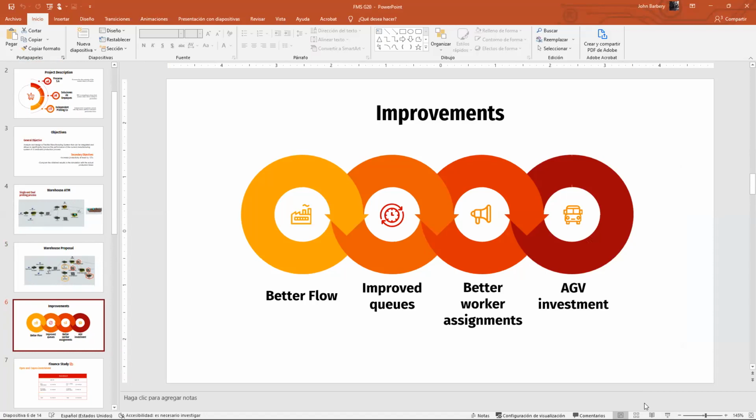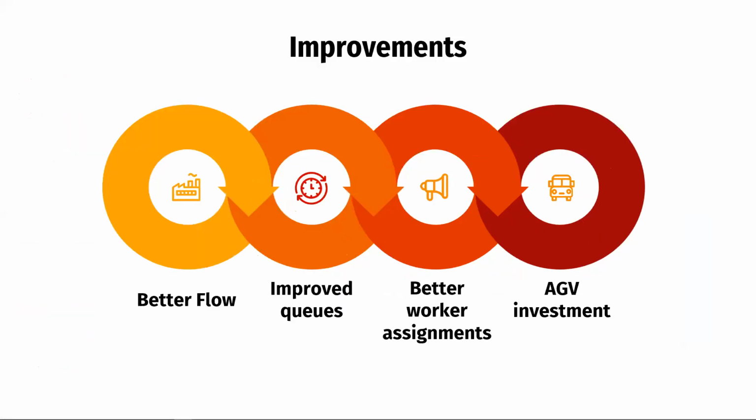Yes, actually, that's the part that I was talking about. We can see that with this proposal, we have a better flow inside the warehouse. We improved all the queues inside the flow, and we can observe that we have a better working environment at the first part, as the operator doesn't have to be transporting the material to the racks.